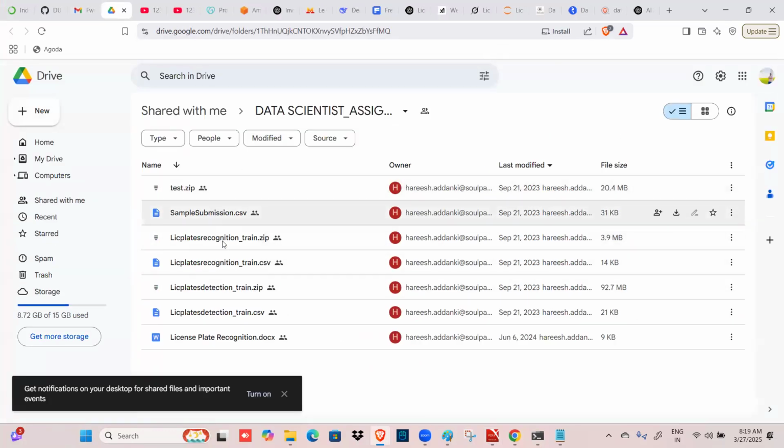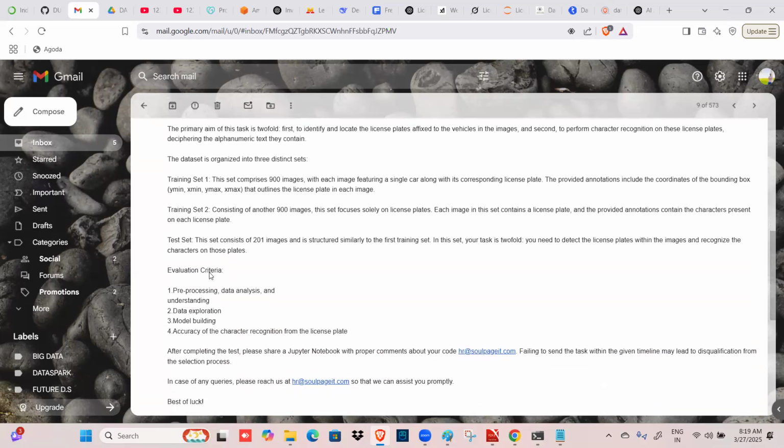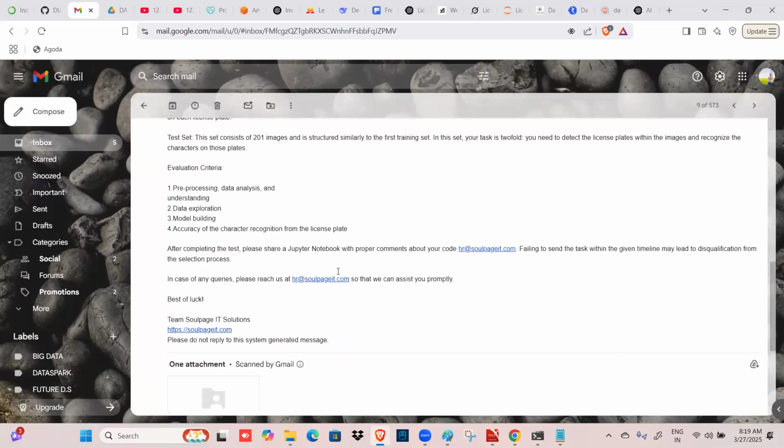They provided all this information in the mail itself: a collection of vehicle images, totaling 900 images, sourced from the internet and meticulously annotated, an assemblage of license plate images. Okay, what exactly does this mean? They asked to design an application.